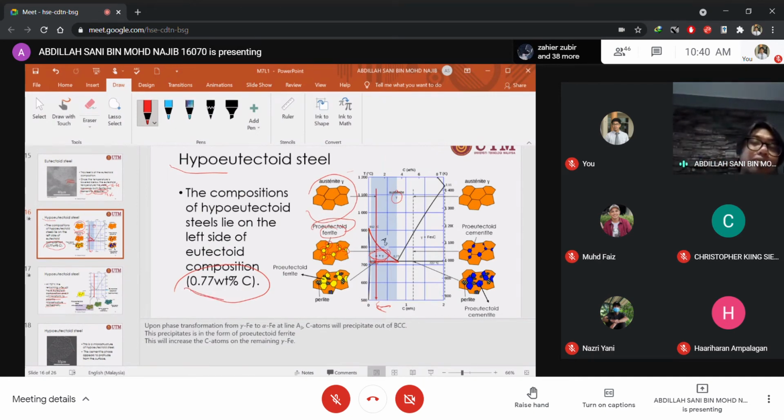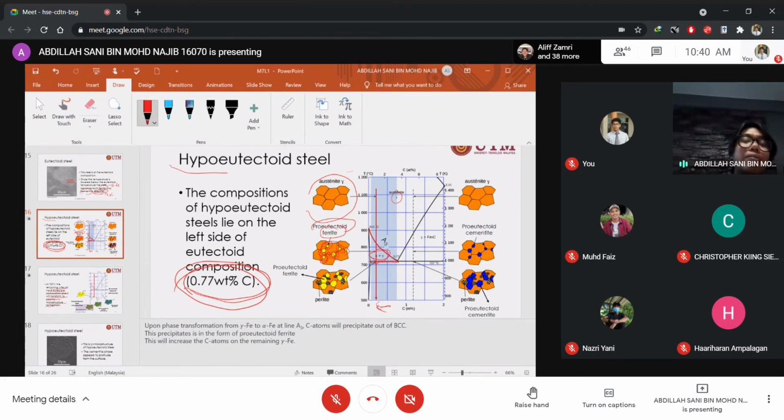So when we have a lower amount of carbon, it means indirectly that we have more iron. So iron at first we dispose first. We let it out of the austenite first.